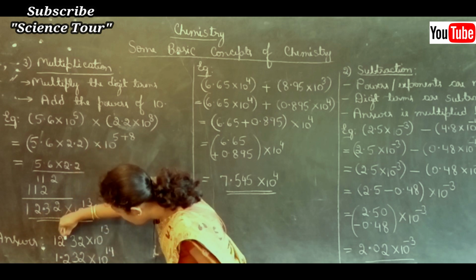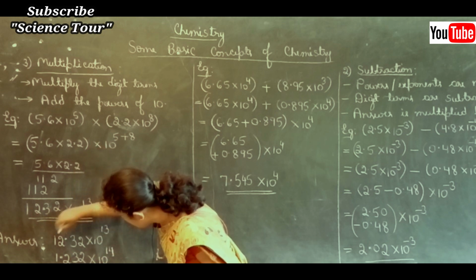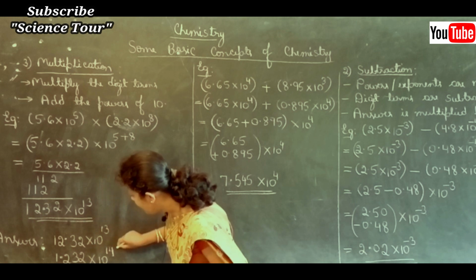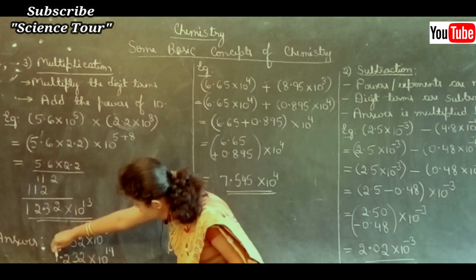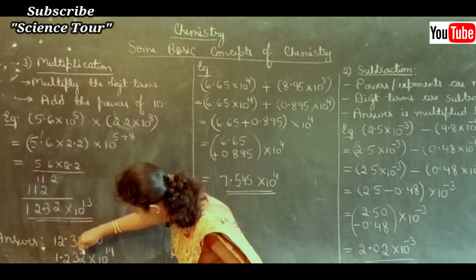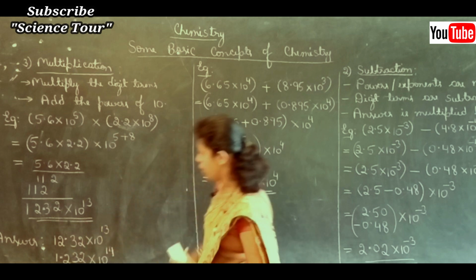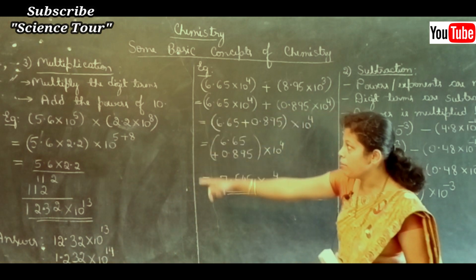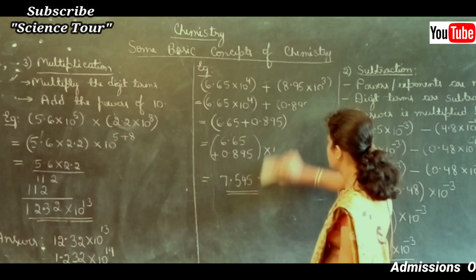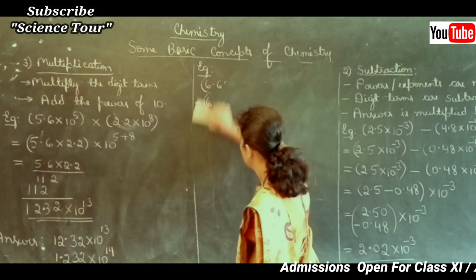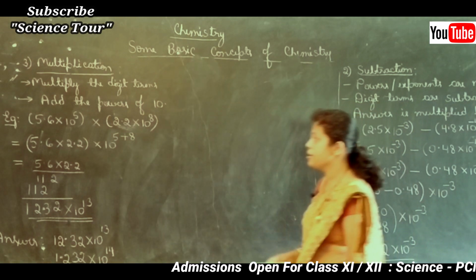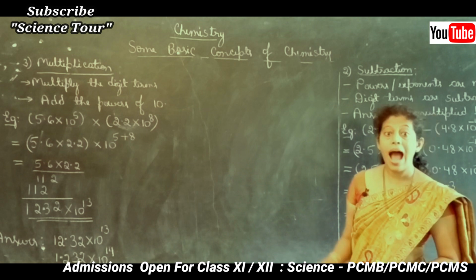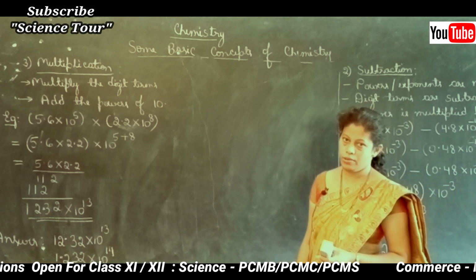See, I shifted the decimal point one digit to the left, so the power of 10 is increased by 1. Hence it is 1.232 into 10 to the power 14. So this is about the multiplication. Multiplication is very simple, students. Multiply the digit terms, add the exponents.